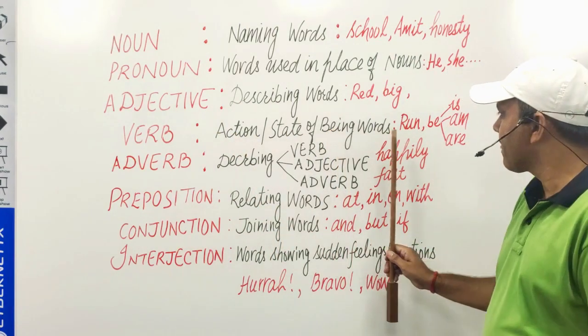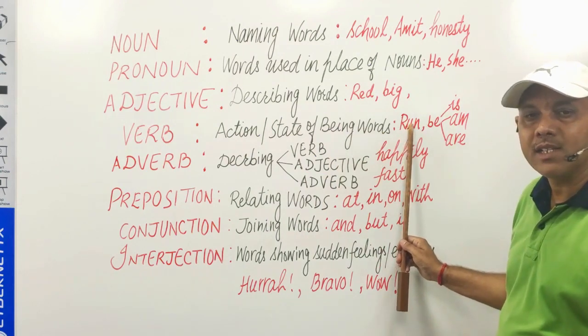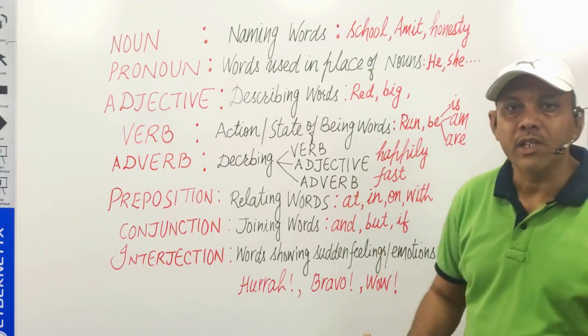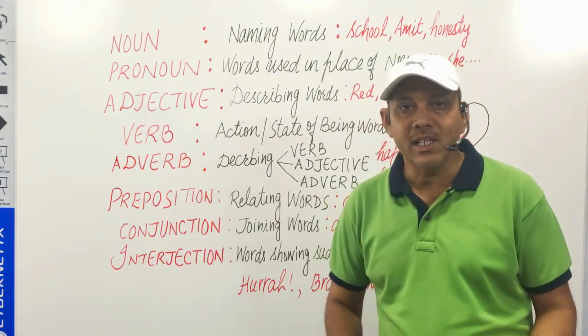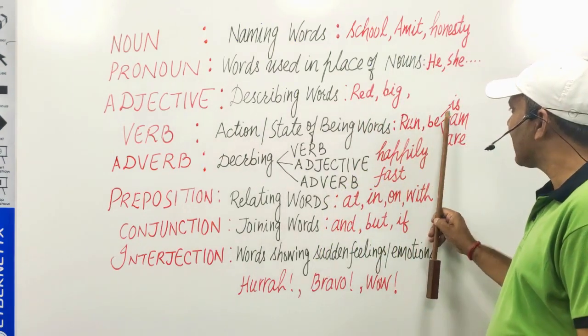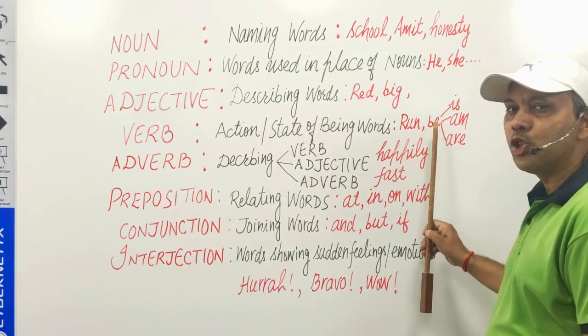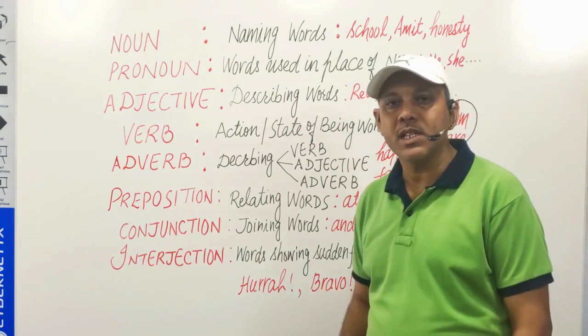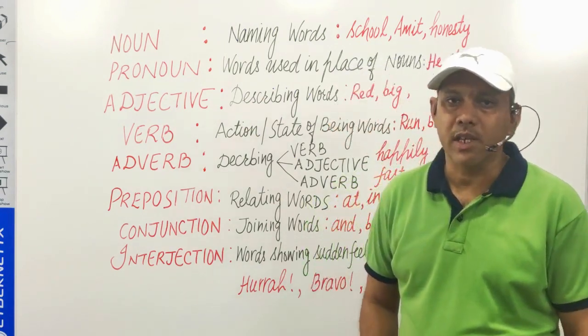For example, run. The boy is running. Running is the main verb here. I am a teacher. Here, am is a state of being verb. Be, do, have become main verbs in the absence of main verbs in a sentence.